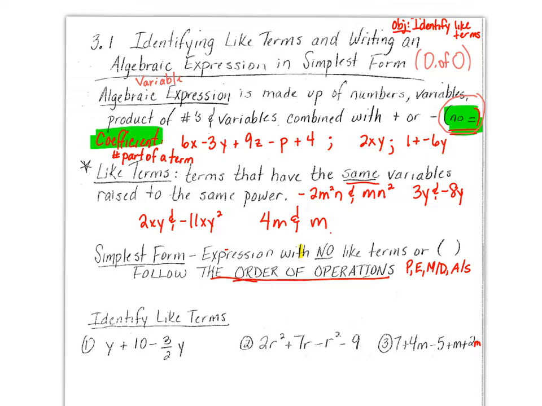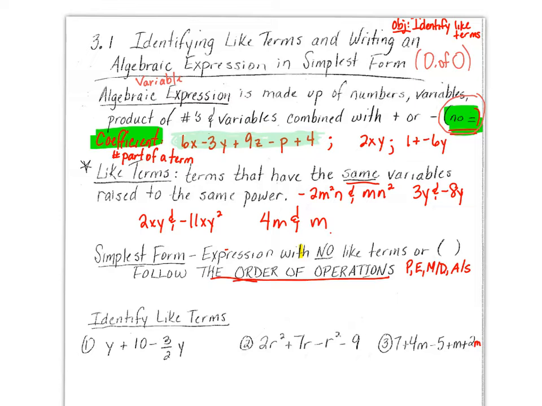So this is an example of an algebraic expression: 6x minus 3y plus 9z minus p plus 4. It's made up of numbers and operations like adding, subtracting, and multiplying.